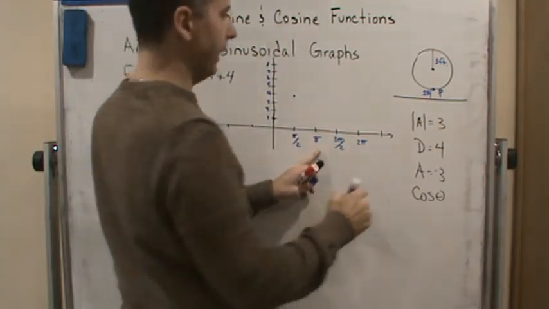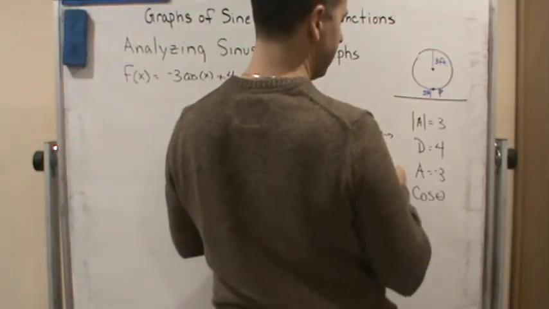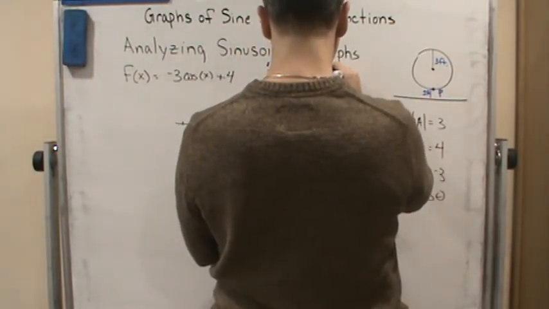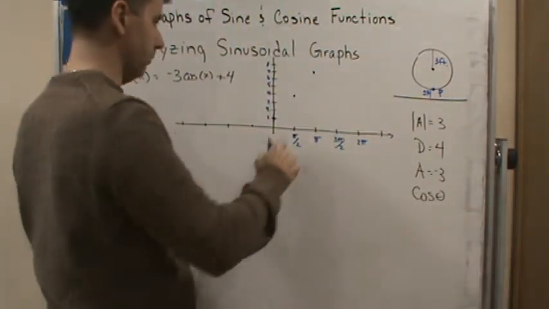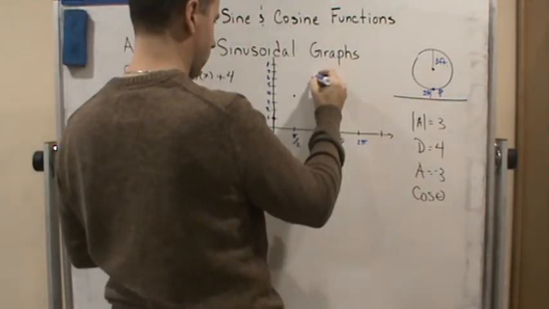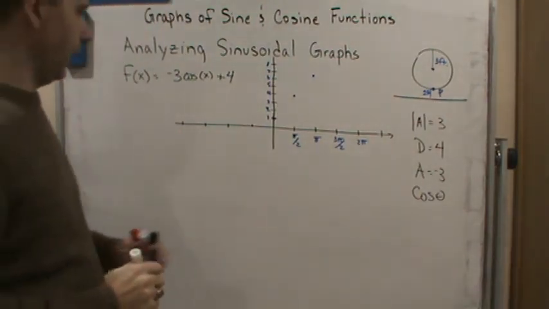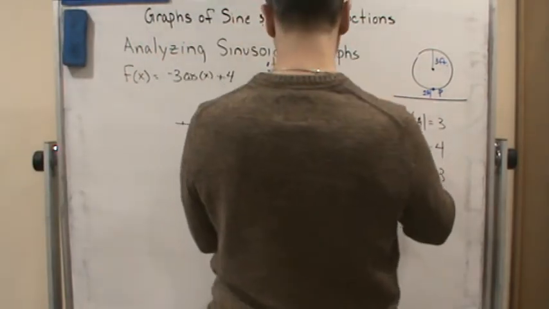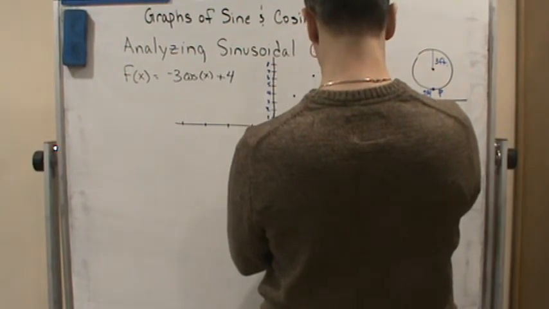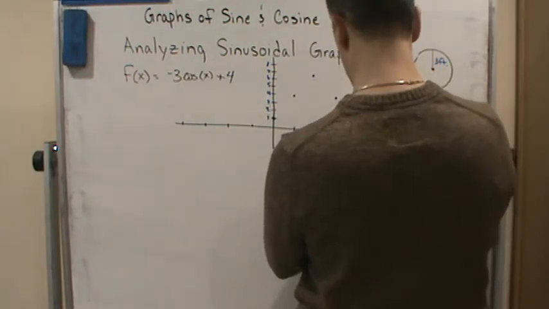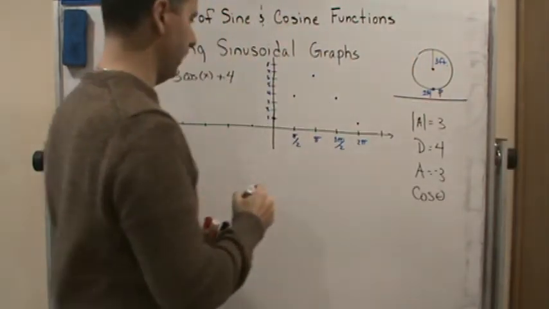And then at pi, it's going to be at 7. So 7 is going to be the maximum distance above the ground. And then at 3 pi over 2, it's going to go back down to 4. And then at 2 pi, it'll be back down to a minimum.